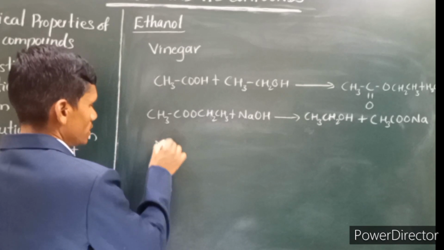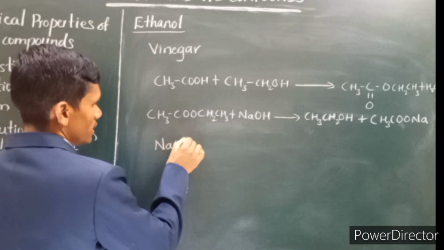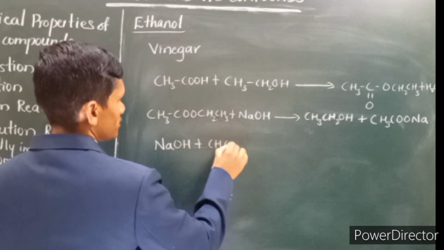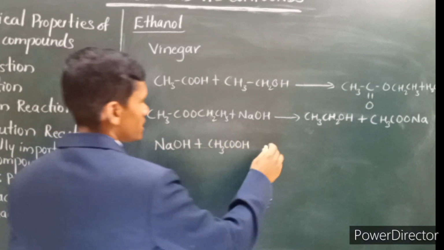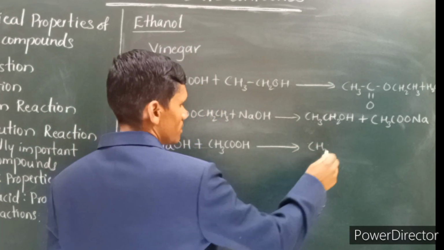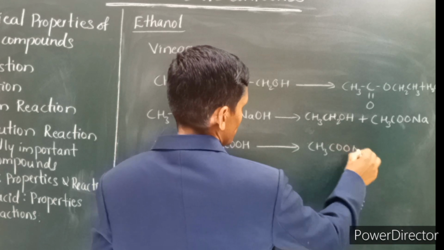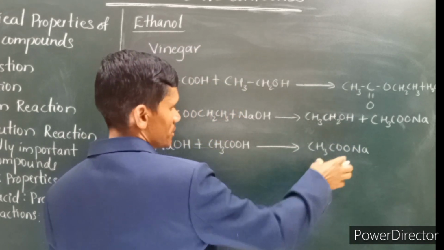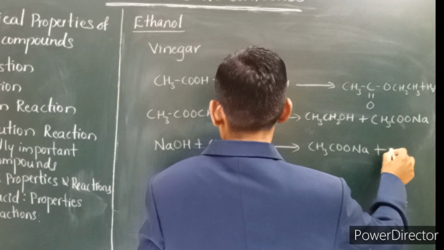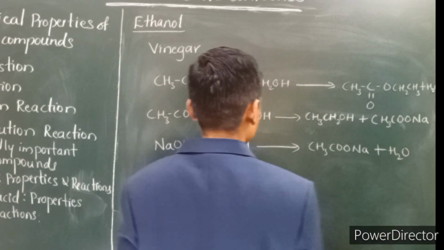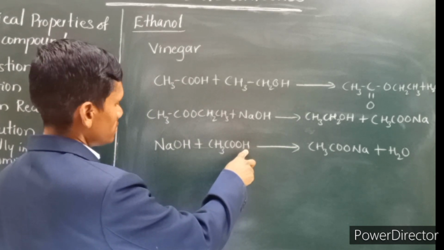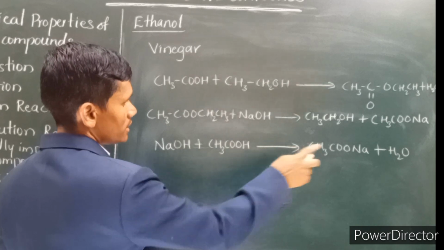If you take this reaction, NaOH, sodium hydroxide, plus ethanoic acid, these react to give the sodium salt, that is sodium acetate, CH3COONa, the sodium salt of carboxylic acid, plus water. The hydrogen is replaced by Na, and OH and H give water.